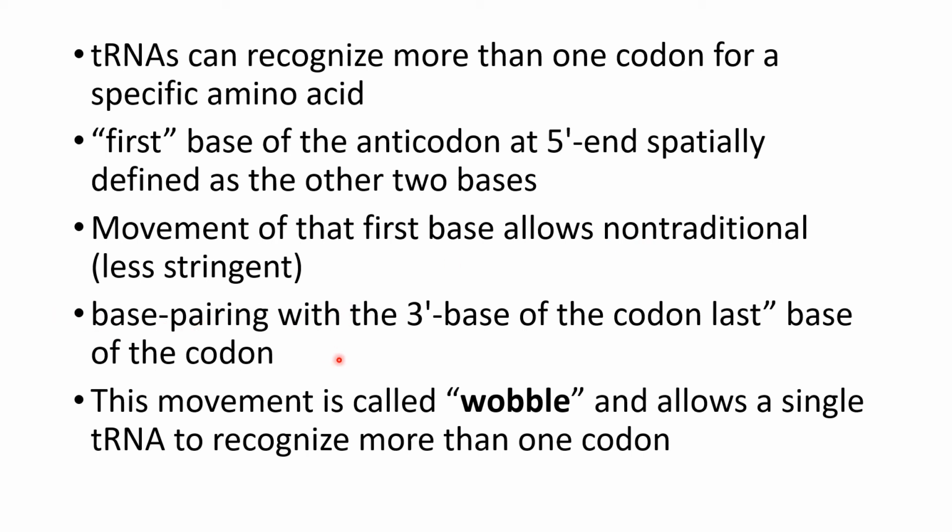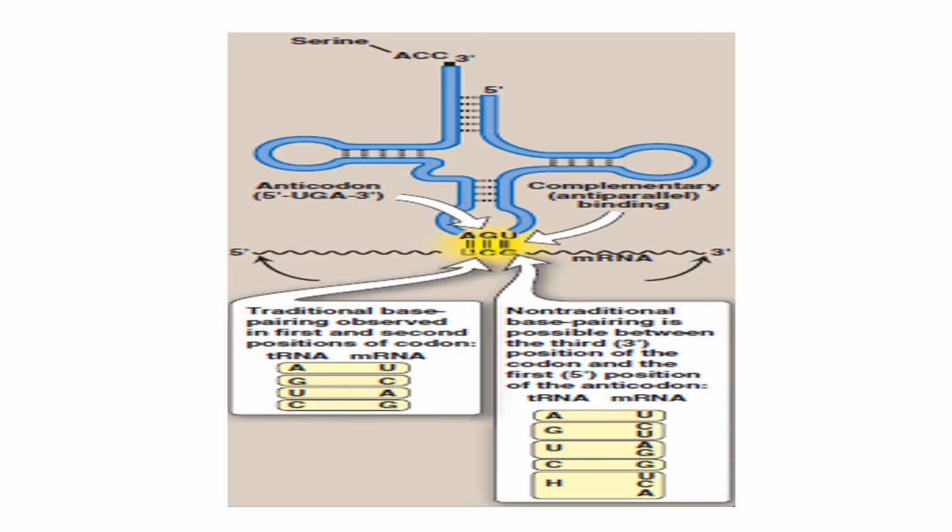In other words, the 3' base of the codon, which is the last base of the codon, is less stringent and non-traditional. For example, the traditional base pairing is A base paired with U, A present on the tRNA anticodon, while the U is on the codon of the messenger RNA.